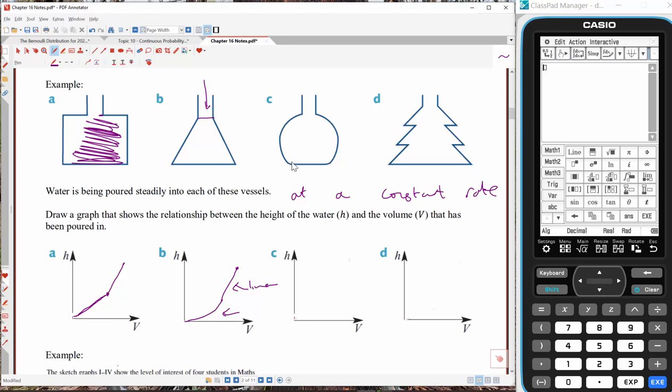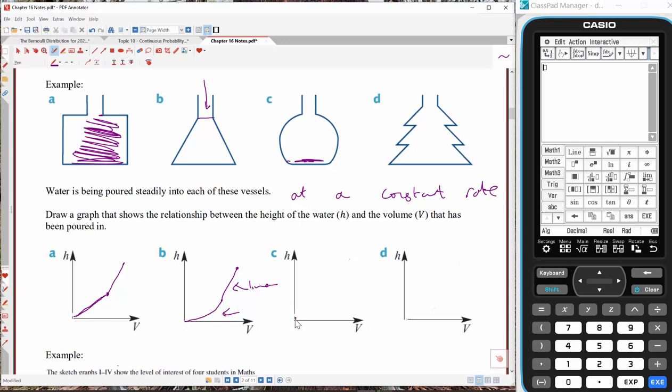Right, let's have a look at this one. So it's going to be a rate of change that is at this point here, and then it's going to get slower because it gets wider. Okay, and then it's going to get faster again, and then it's going to go constant. So it's going to go fast at first and then slow down and then speed back up again.